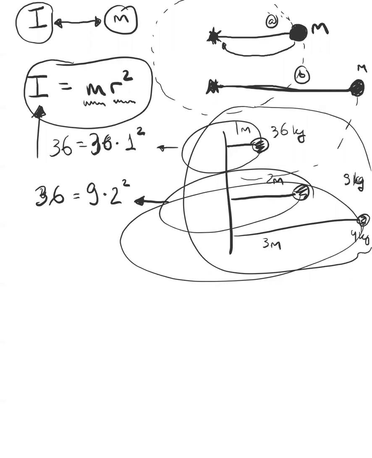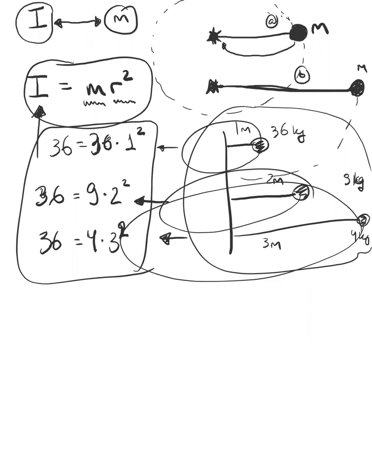And for the third object, the mass is 4. 4 times 3 squared. 3 squared is 9. 9 times 4. That's also 36. Let me double check my numbers. No, I think that's correct. So it looks like all 3 objects are equally difficult or equally easy to rotate.